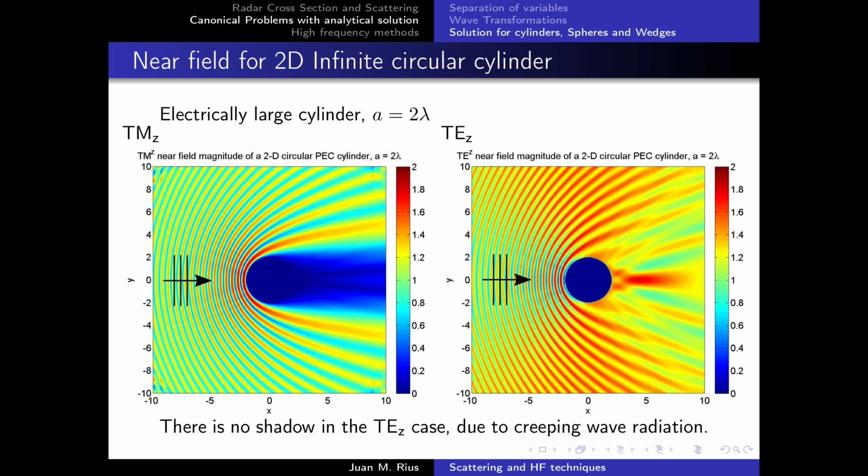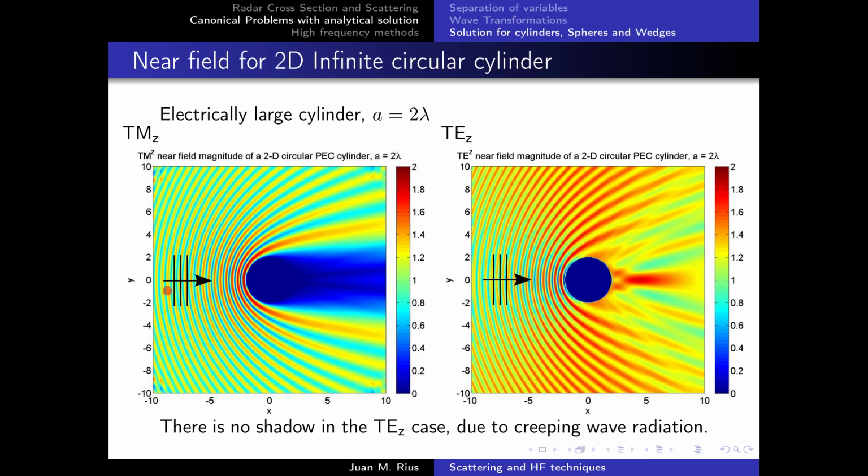In the case of an electrically large cylinder, that is, the radius of the cylinder much larger than the wavelength, the behavior is completely different. In this case, the slide shows the fields for a radius equal to 2 lambda, and 2 lambda is large for us. Even a radius equal to 1 lambda is large enough to observe these high frequency scattering effects.